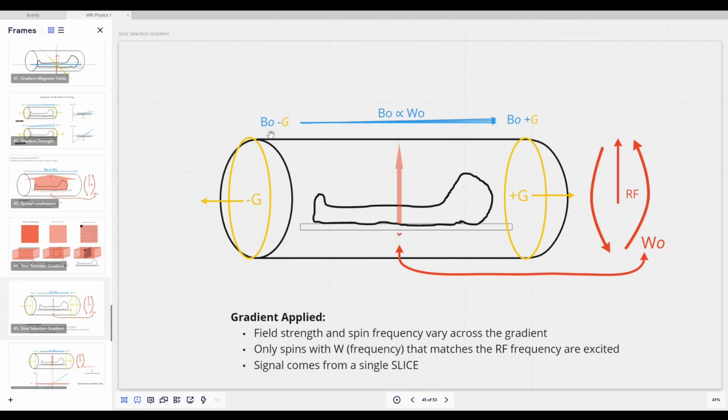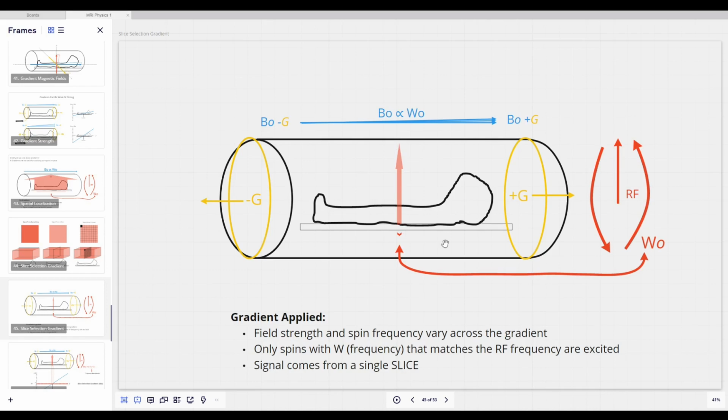Okay, so by applying that gradient, now instead of having all the spins in the body spinning at the same frequency, only some of them are spinning at any given frequency, right? And so depending on what you set your RF pulse frequency to, if you set it to 7, you'll select a slice up here. If you set it to 3, you'll select a slice down here. If you set it to 5, you'll select this slice.